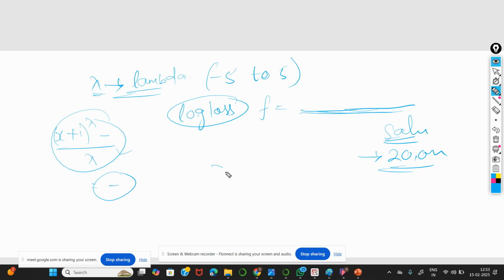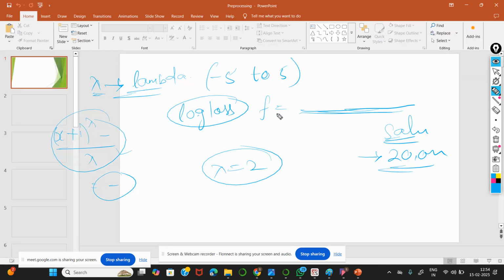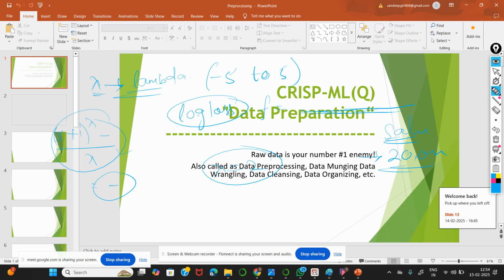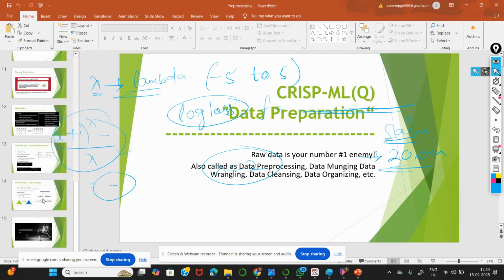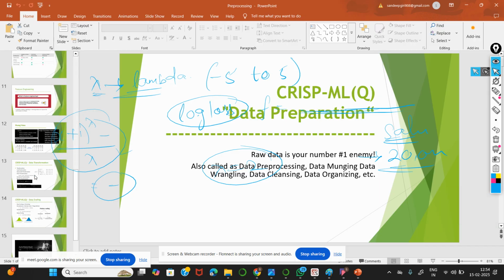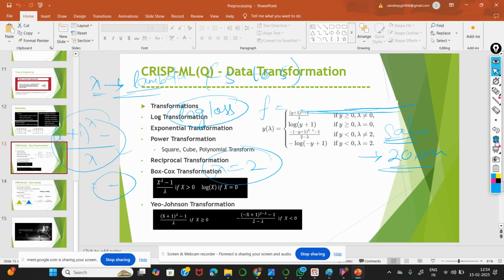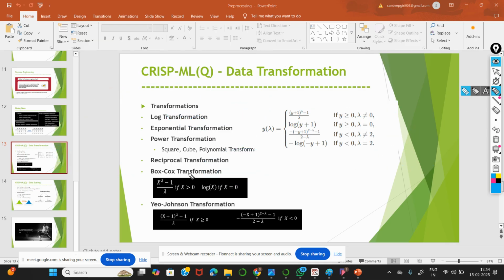Say your lambda value is 2, a value between -5 and 5 found by using the log loss function. Let me verify the formula. Yeah, here you can see the formula is x to the power lambda minus 1 divided by lambda for Box-Cox. So this formula is internally going to be used.